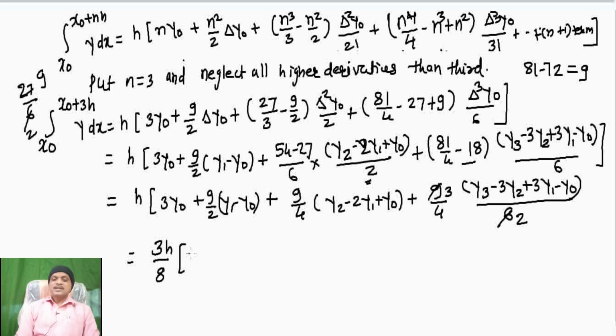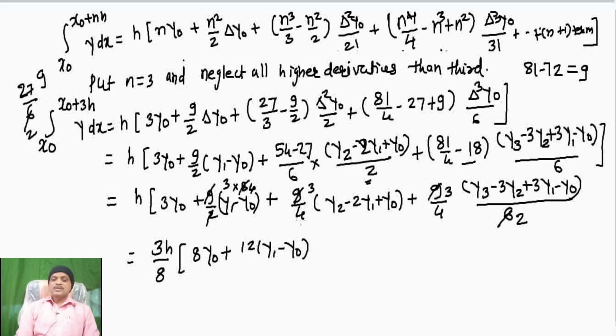So everywhere we have 3, hence we take 3 common, 3h, and we take LCM as 8. So 8 into y0 plus, since we have taken 3 common, 3 remains here. Again multiplying by 8, 2 4s are 8, hence 3 into 4 we get 12 (y1 minus y0).